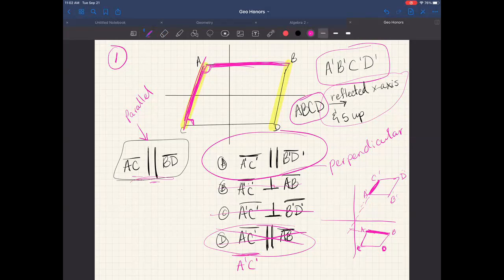The answer is still A, but the option that I wrote incorrectly is AC to AC, so prime to no prime, which still they would eventually meet because they're on the same section. They're the same line. They're going to eventually hit each other.